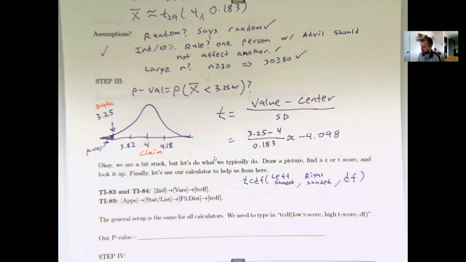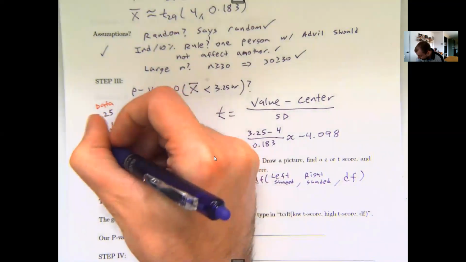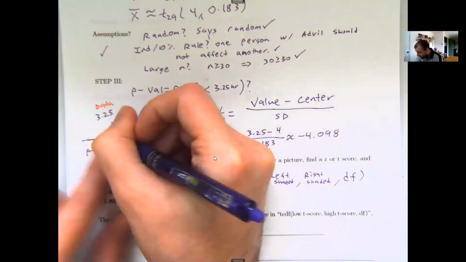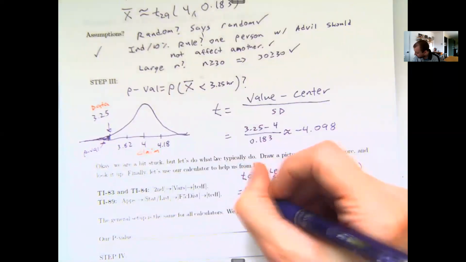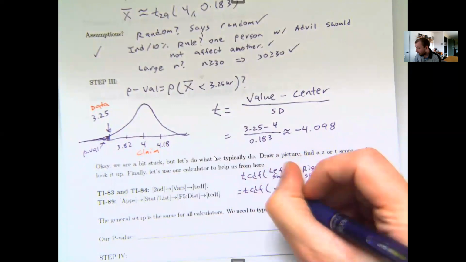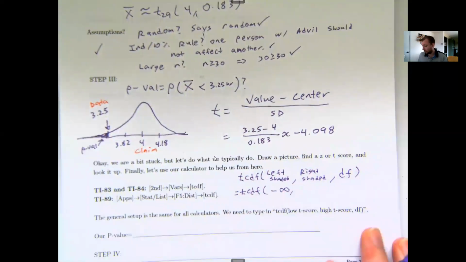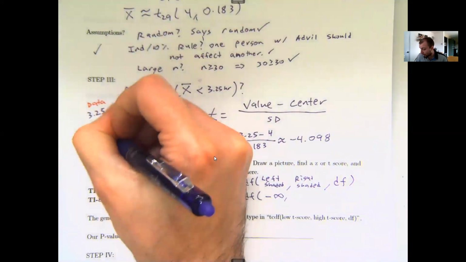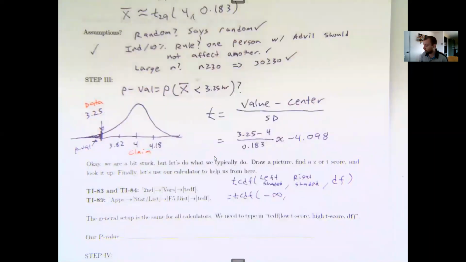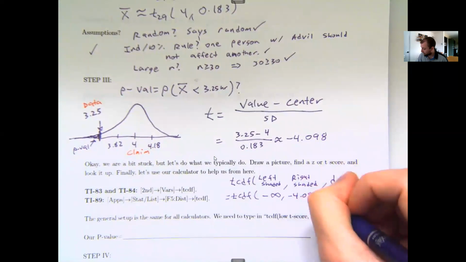Let's look at our picture. The left end of this thing just keeps going on forever in that direction. So my smallest t-score, I don't really have one. It just keeps going towards negative infinity. If I'm looking at the rightmost t-score, it stops right here. The t-score that it stopped at was negative 4.098.